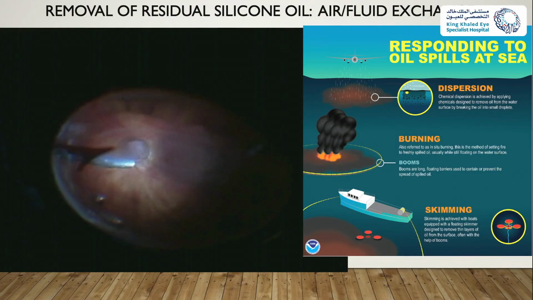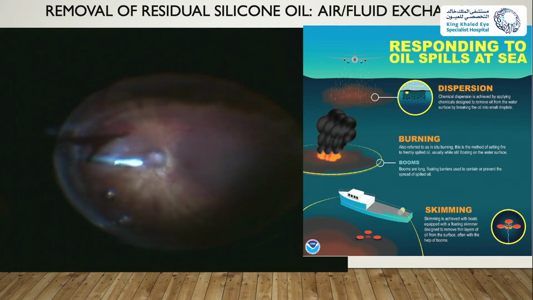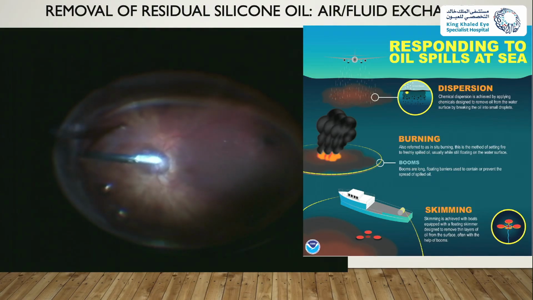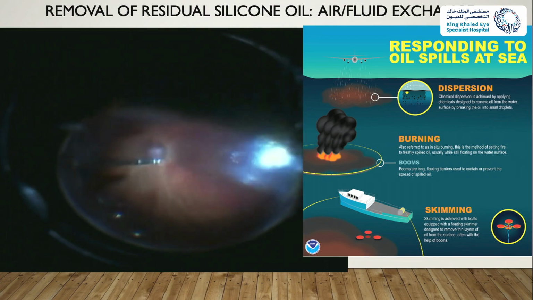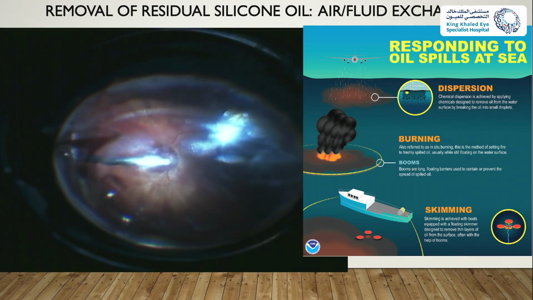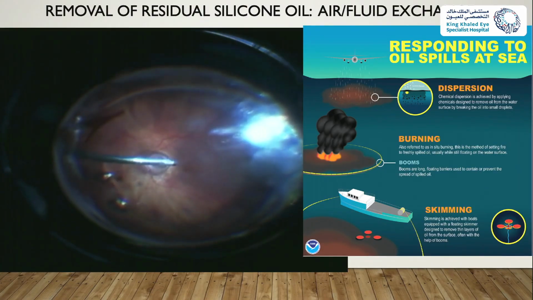The oil floats on the surface of the retina. It is not sunk or mixed with the fluid, and it floats on the surface of the fluid. So when you take out the fluid, you want to take out the oil first, not the fluid, because if you don't, at the end you get a chunk of oil at the optic nerve, and it's hard to remove that with a 25 gauge cannula.